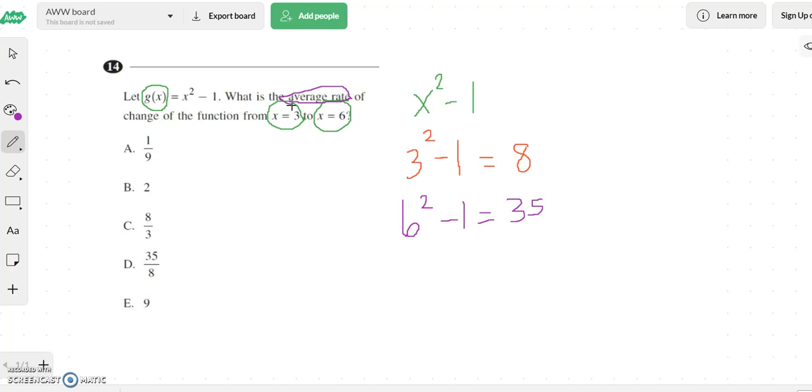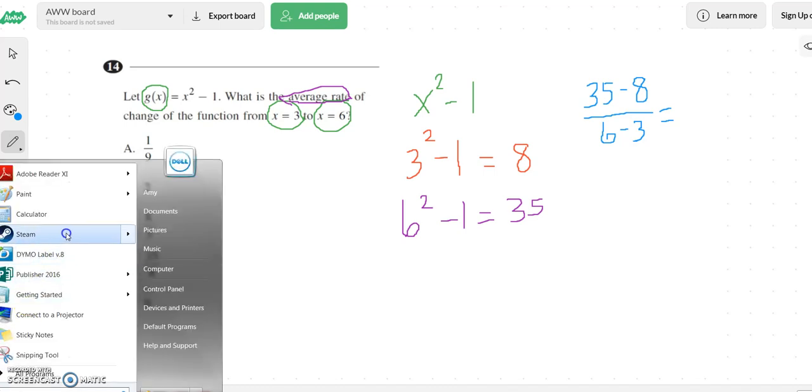So what we're going to do to get the rate of change is we're going to take the larger of the two numbers, which is 35, and we're going to subtract the 8 from it, because that's going to tell us the change that's taking place. Then we're also going to take the 6 and the 3 and do some subtraction there. This is what's going to tell us the rate of change.